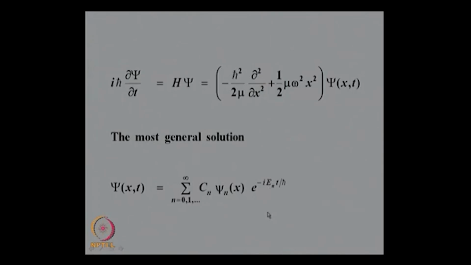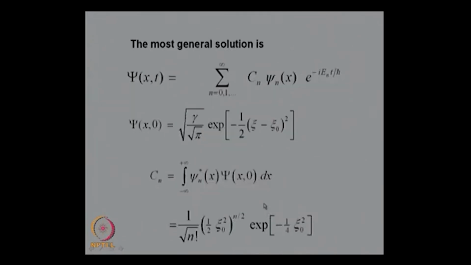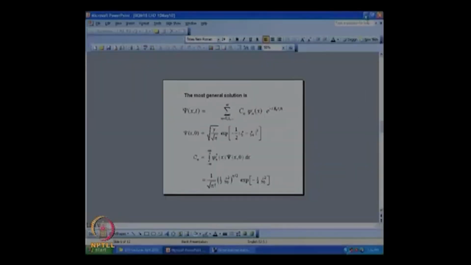So, this is how it will evolve with time. This is the most general solution of the time dependent Schrodinger equation.